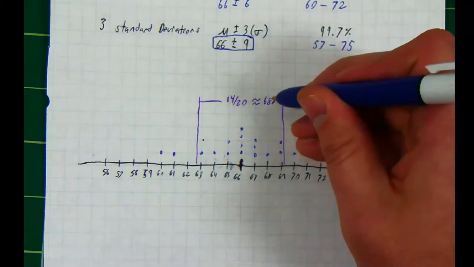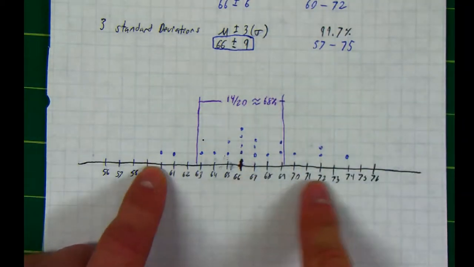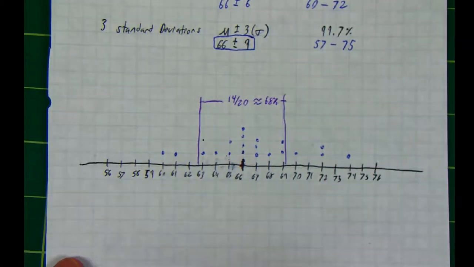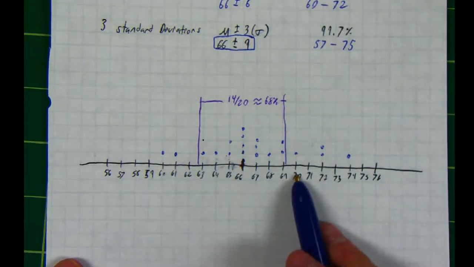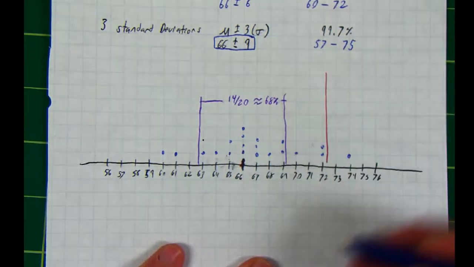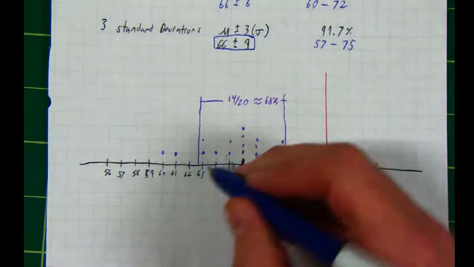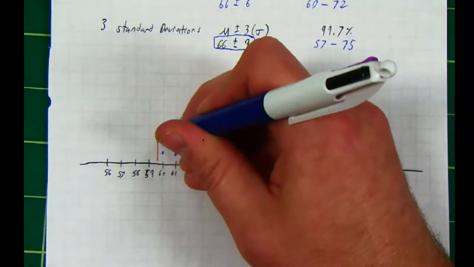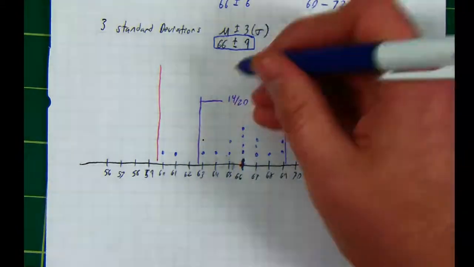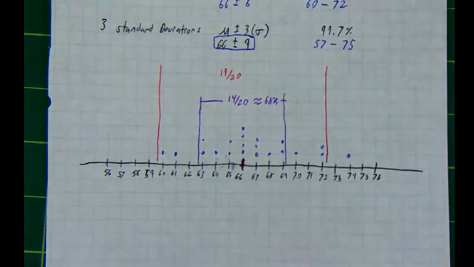68%. If I were to go out a second deviation, that's add 3 more to the right, so that's all the way here to 72. And then 3 to the left, so that's all the way here to 60. That would be 19 out of 20 of my values.